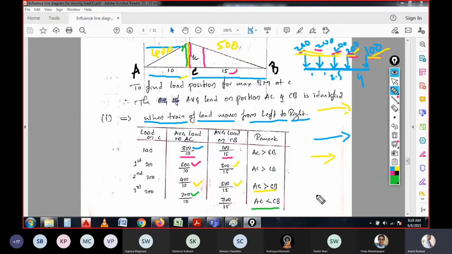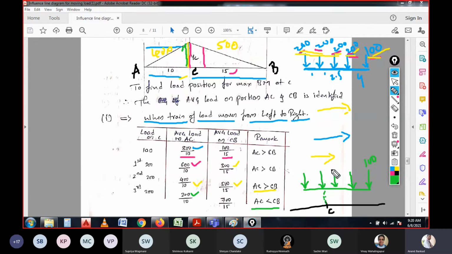So the load pattern we have come to know is this: at point C, the load we are expecting is the third 200 kilonewton load.